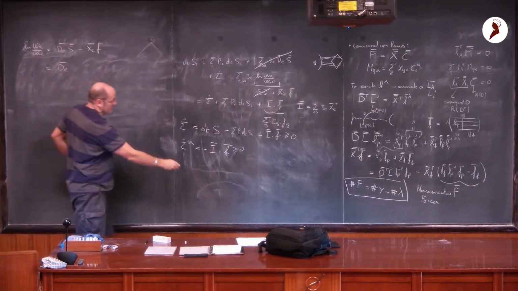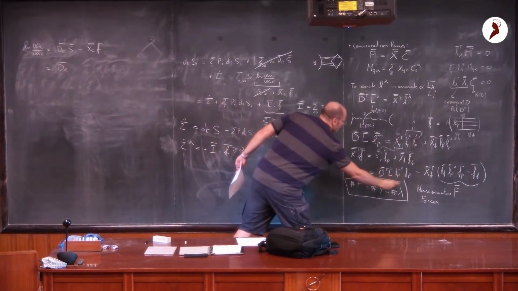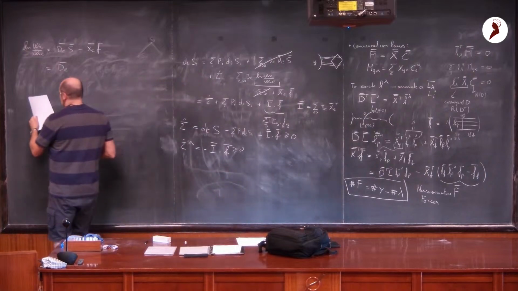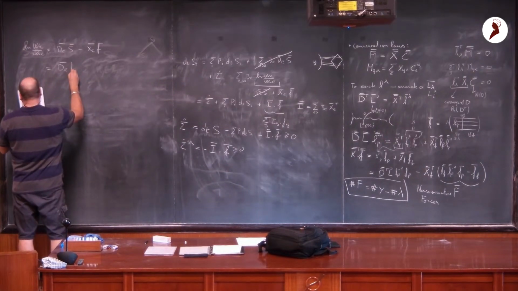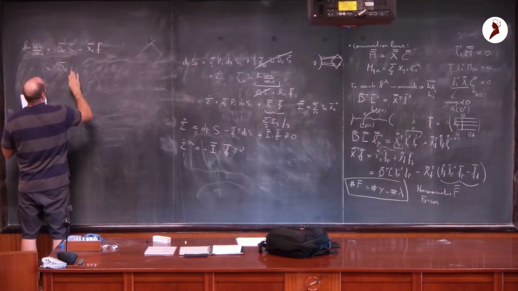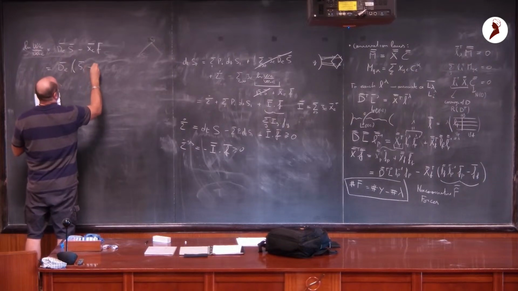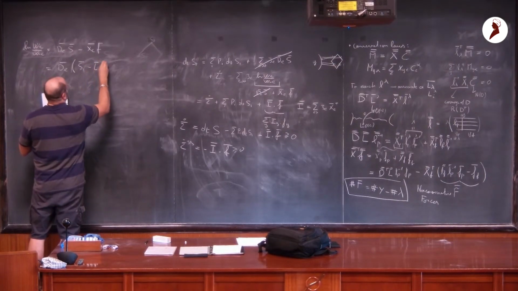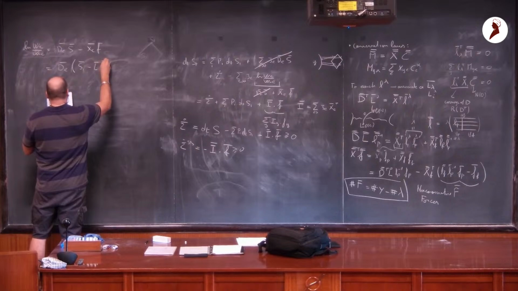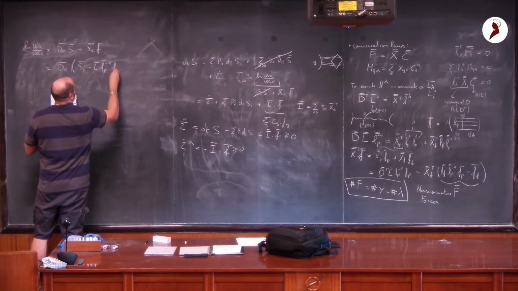So the D part is this one. I can combine, I can write SI, well, let me do it in vector notation. This minus L, LP minus 1, FP.